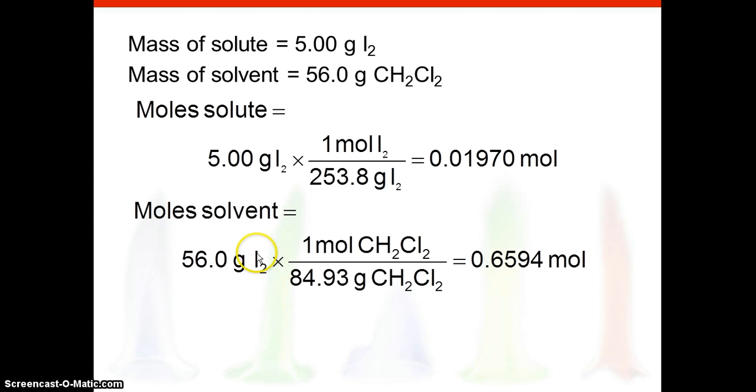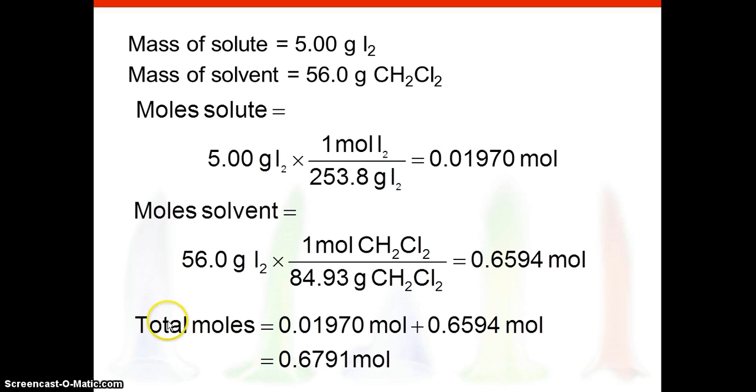And we need to calculate moles of solvent, which is 56.0 grams of CH2Cl2, times 1 mole of CH2Cl2 over 84.93 grams, which is the formula weight of CH2Cl2. You get 0.6594 mole of CH2Cl2.